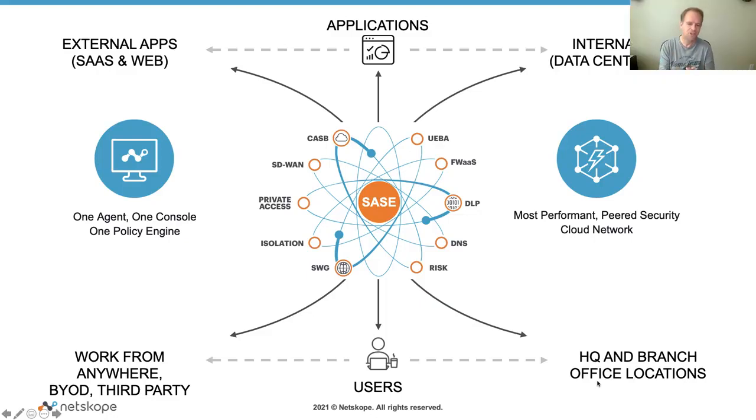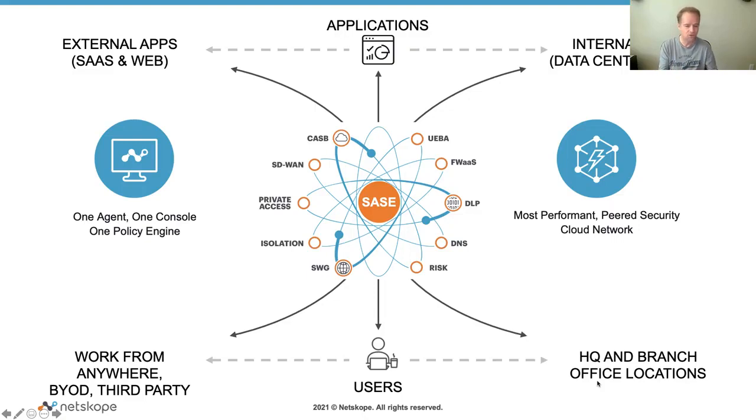So unification of the services is very core, but also how do you deliver these services as close to the user as possible? Now, this is where the network comes into play. And Netskope has invested in one of the world's largest, fastest, and most connected private security networks. We call it Netskope New Edge. And what this enables you to do is deliver all of these security services without introducing the traditional trade-off between performance and security.